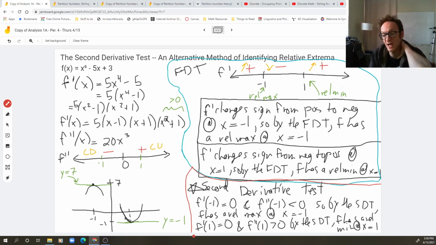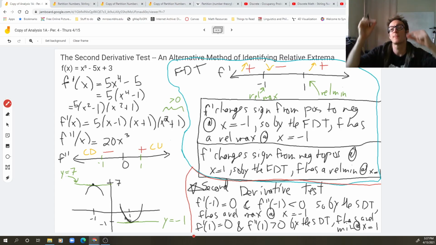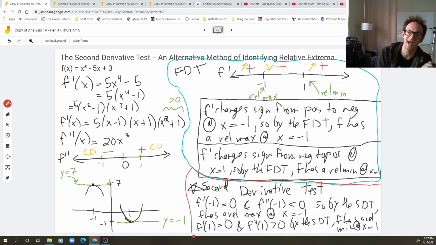And I know this function's concave down because I took the second derivative and made a sign chart for it. So the second derivative test says you plug your critical numbers, your places where the first derivative is 0 or undefined, into the second derivative. Usually it's when the derivative is 0. You see whether the function is concave up or concave down, and you thus conclude whether there's a relative max or a relative min there.